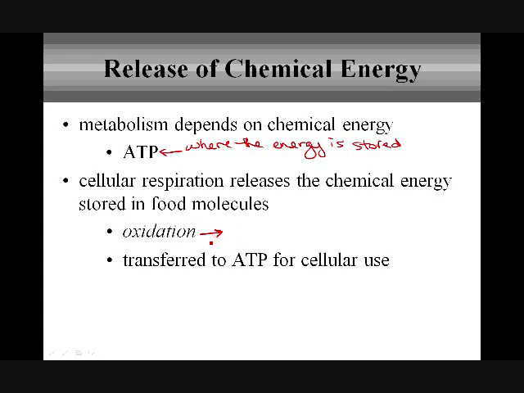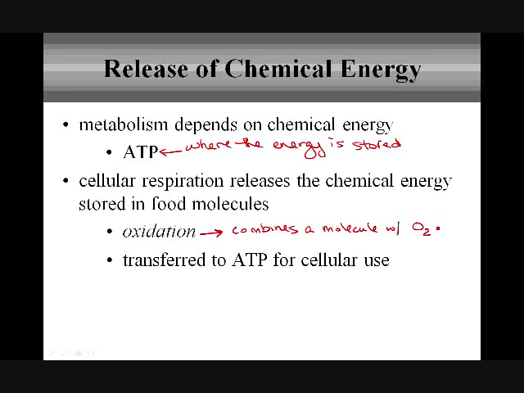An oxidation reaction really just means that we are combining a molecule with oxygen. That's all we're really saying in that particular reaction. So cellular respiration, at least the aerobic type, is an oxidation reaction where we are combining those molecules with oxygen.